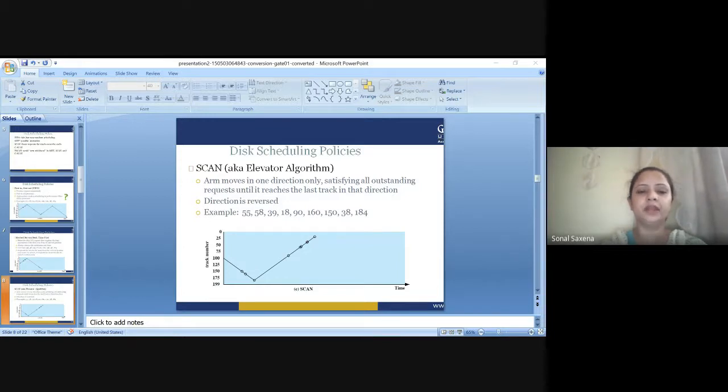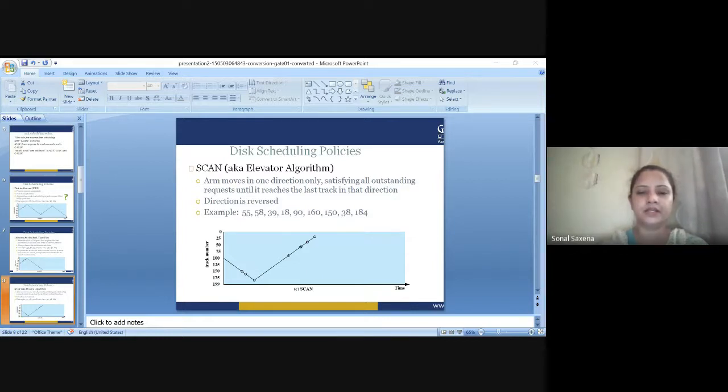It works the way an elevator works. The elevator moves in a direction completely till the last floor of the direction and then turns back. So here the direction is actually reversed.